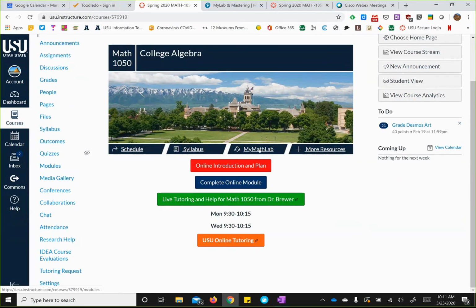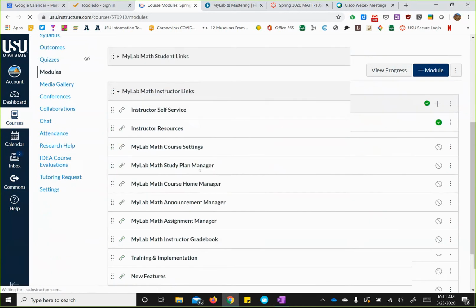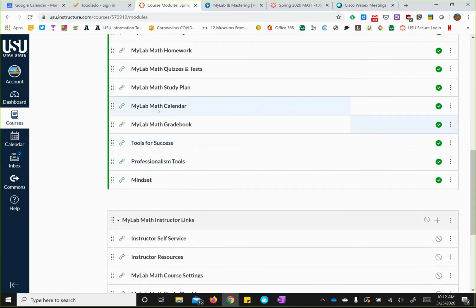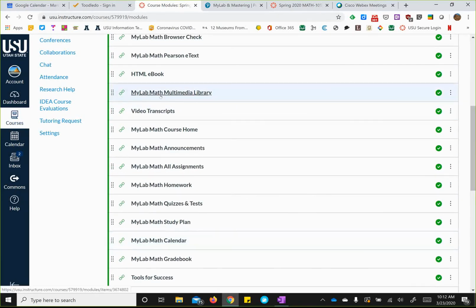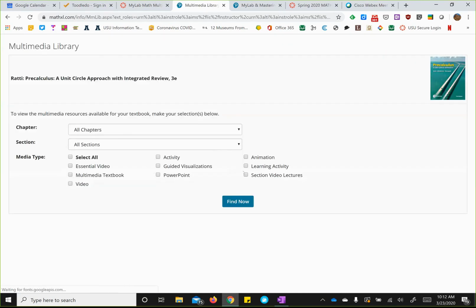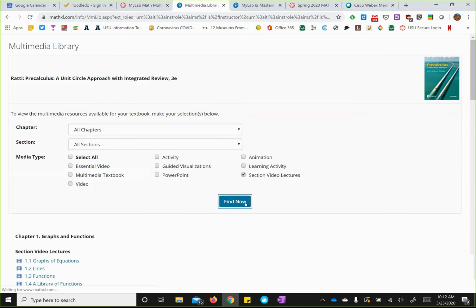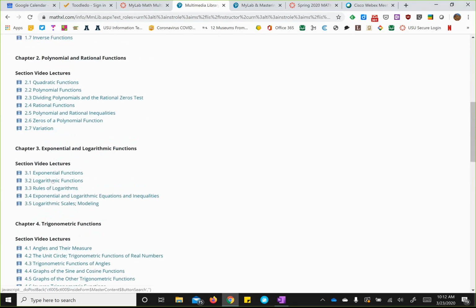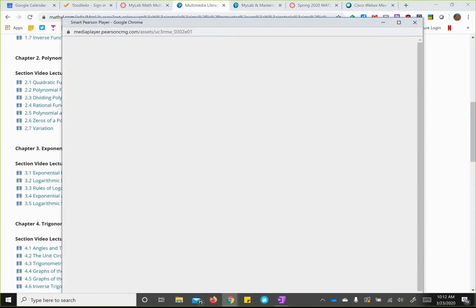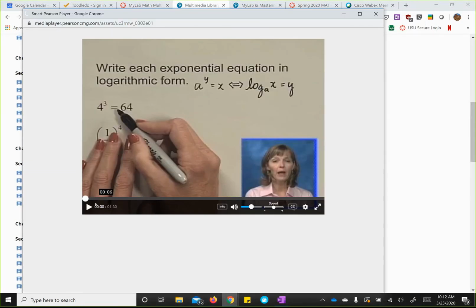The lectures you find in My Math Lab are by somebody else, right? So you go to your multimedia library, and these lectures that you're going to see here are by a different person. They're a little longer. They're more like a regular lecture, right? They've broken them down into examples, but they're not by me. So there you go. A minute and a half. Somebody working through the examples.